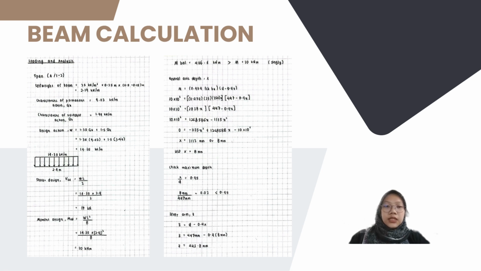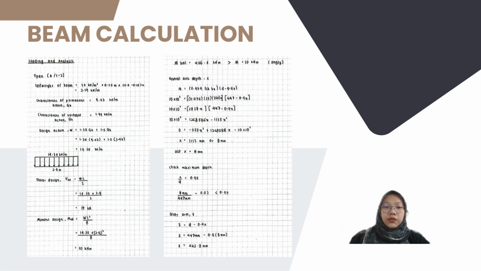So we need to check the maximum depth by using formula x over d. So we insert the data, 8 mm over 447 mm. Then we got 0.02, which is smaller than 0.45. Then we also need to know the lever arm z by using formula z equals d minus 0.4x.